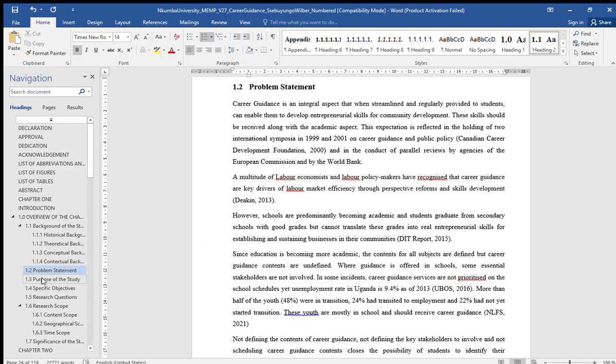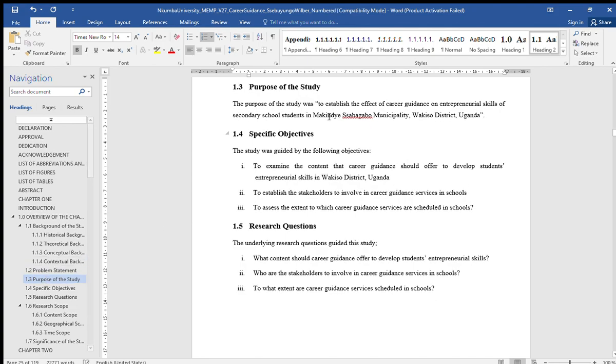After the problem statement, we expect you to write the purpose of the study, 1.3. Others call it the general objective. But here, I have called it purpose of the study.